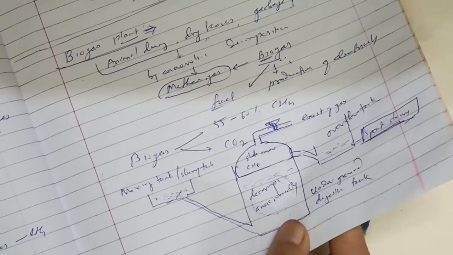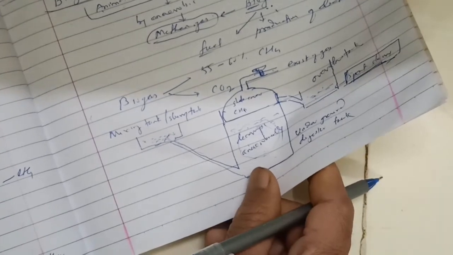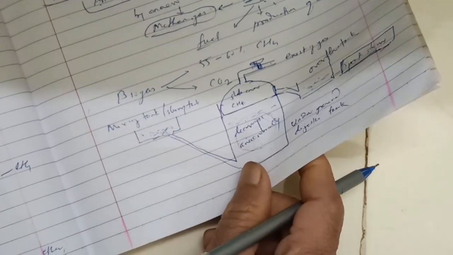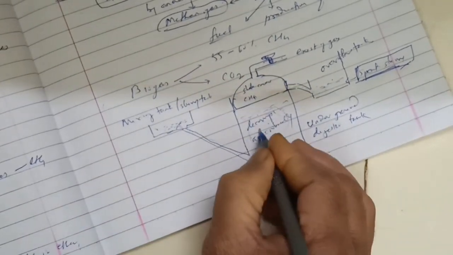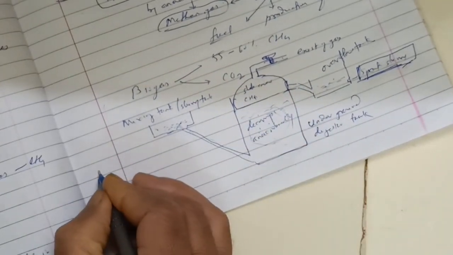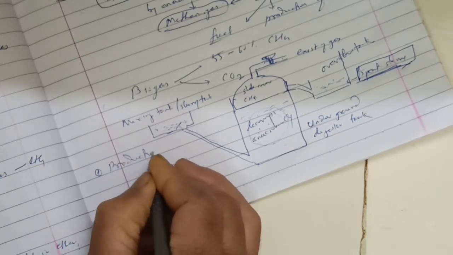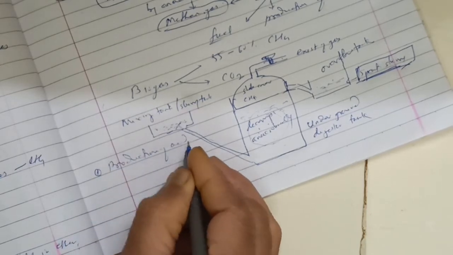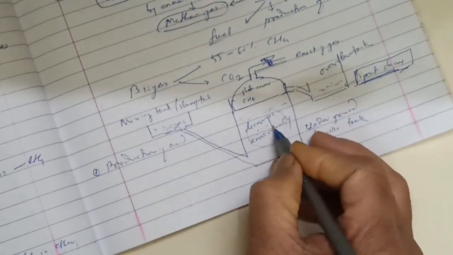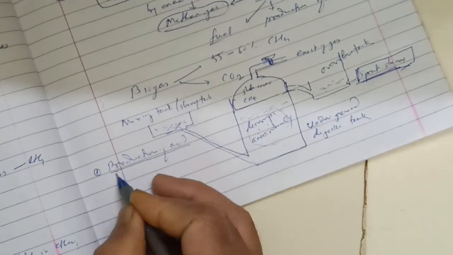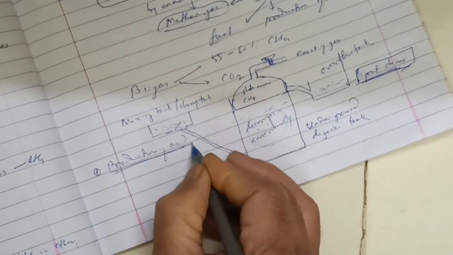In the biogas production process, which is an anaerobic process, there are two stages. First, acid is produced.